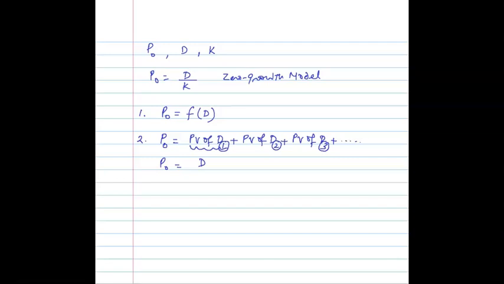It is not representing the amount of dividend because by definition in the zero growth model, the dividend is constant anyway. So basically then we are writing D over 1 plus K for the first term, and then the second term D over 1 plus K raised to the power of 2, and then D over 1 plus K raised to the power of 3, and so on this series goes.